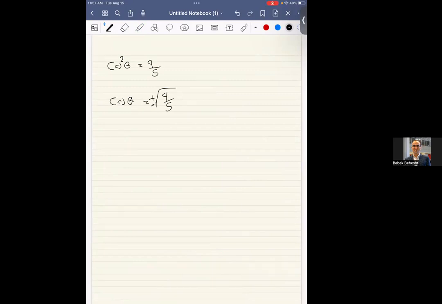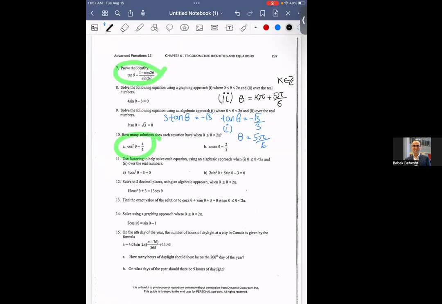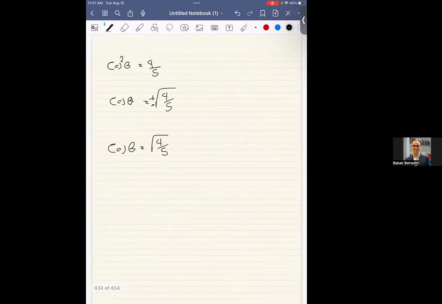Now let's first look at plus. If cosine theta is the positive square root of 4 over 5, and in the question theta is between 0 and 2 pi, can you use your calculator to find theta? So theta is cos inverse of square root of 4 over 5.